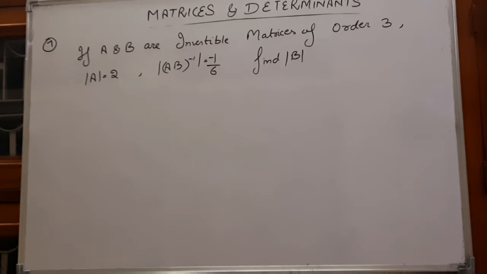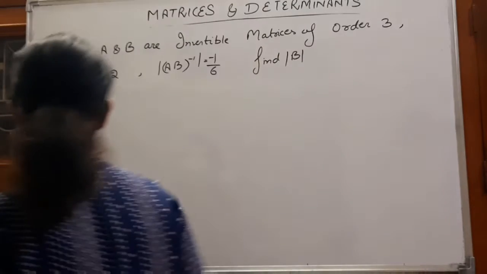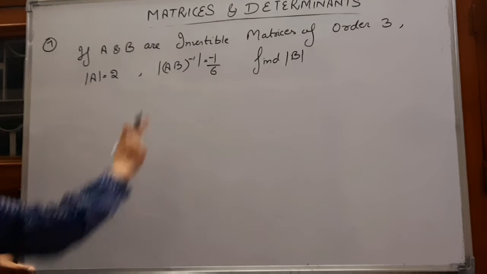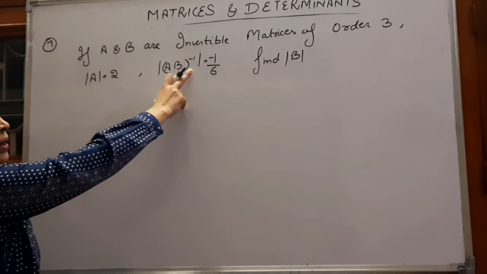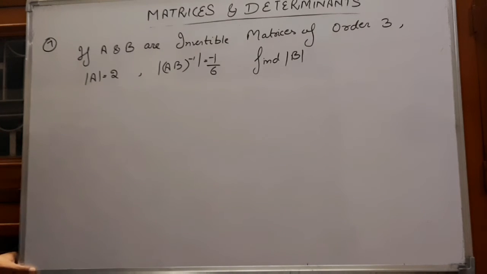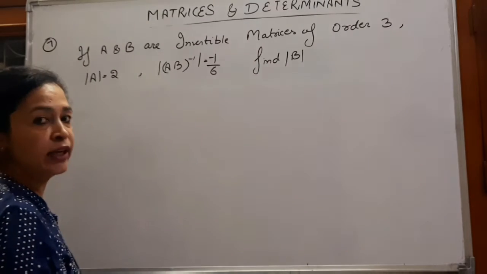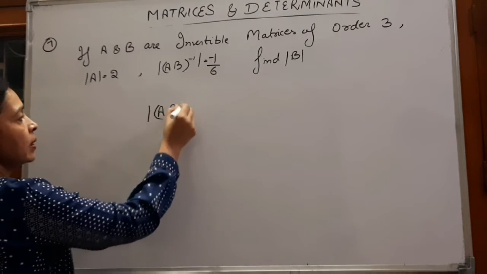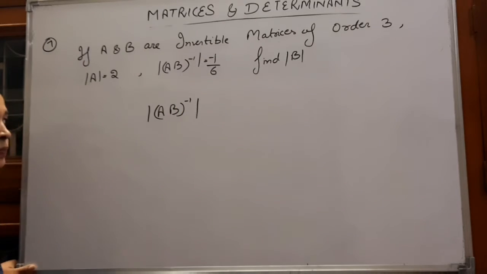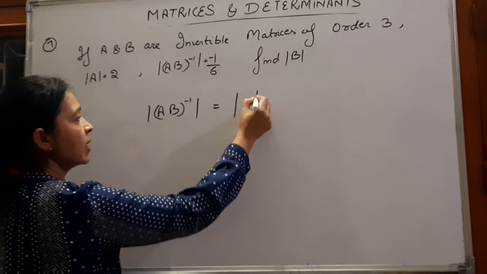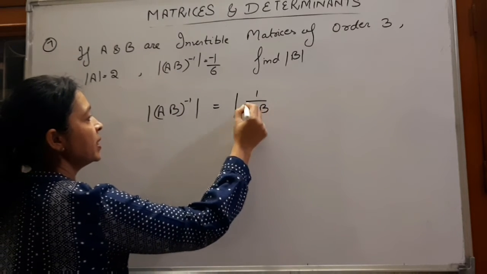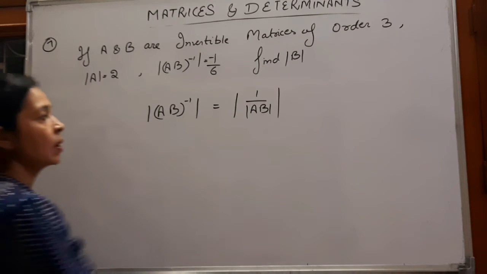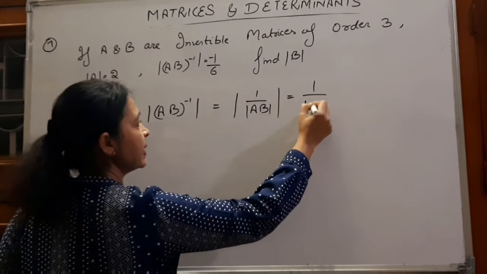If A and B are invertible matrices of order 3, determinant of A is given and the determinant of AB inverse is also given. We have to find the value of determinant of B. Now, AB inverse can be written as 1 upon determinant of AB, or you can write it as simply like this.